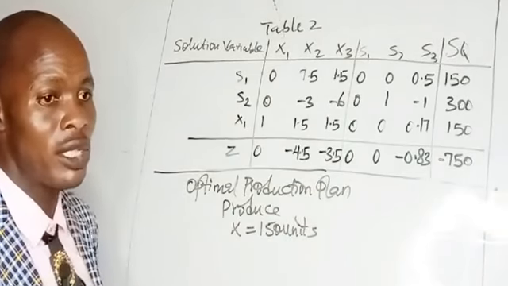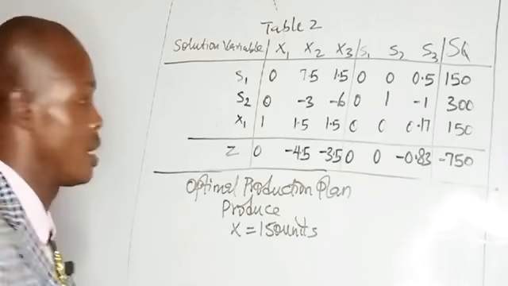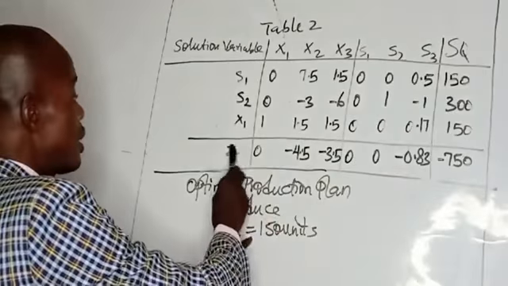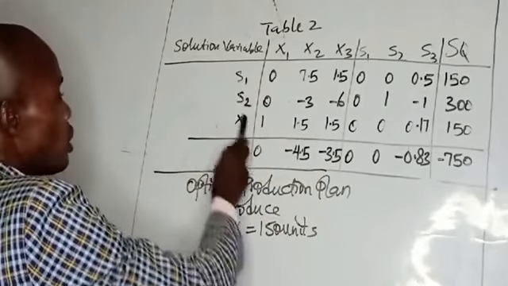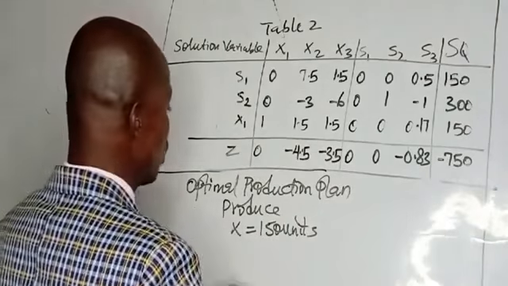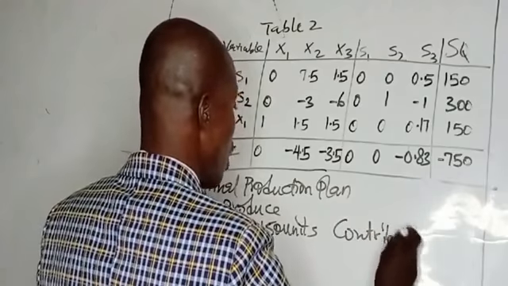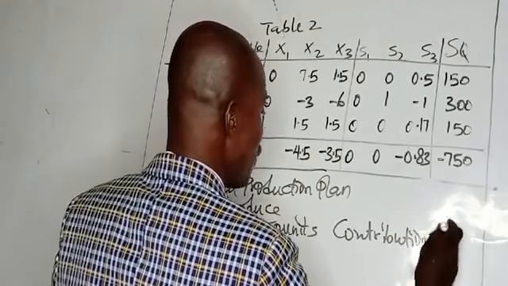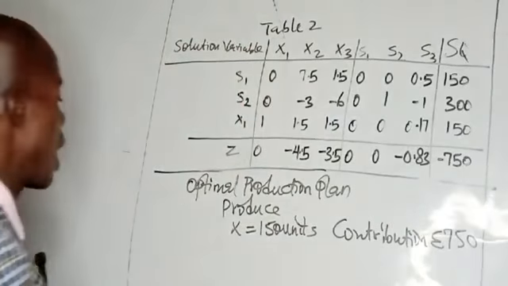Since it is only x1 we have here, and these are slack variables, that will fetch us a contribution of 750 pounds sterling.